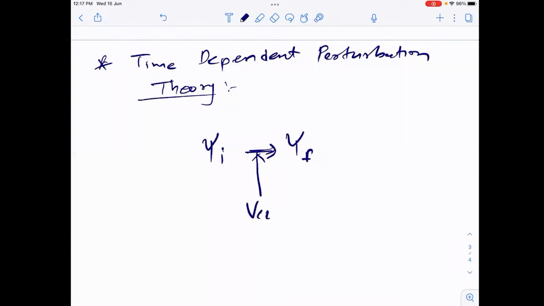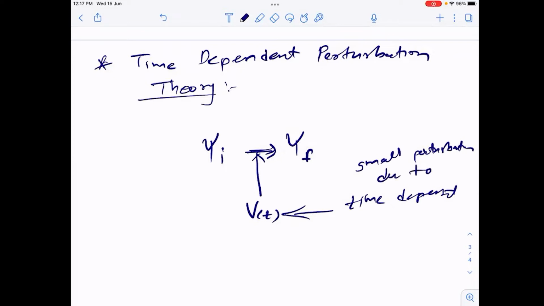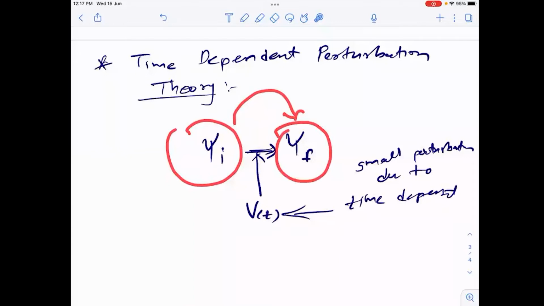Let's call it V(t). Now this perturbation is time dependent, and it is very small. So we will initially consider a small perturbation or disturbance in our system due to some time dependent potential V(t), right? And that causes our state vector to change from psi i to psi f.